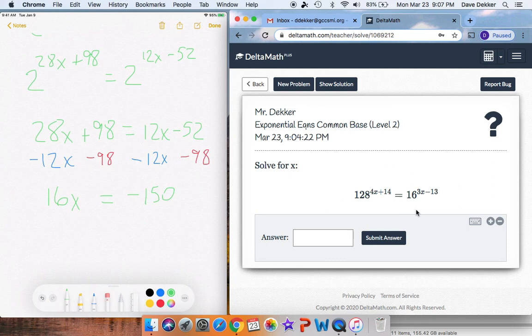Okay, so to get what x equals, I need to divide negative 150 by 16, to get negative 9.375. Okay, so hopefully that would be the right answer for this particular question. Just kind of quickly looking at it, I don't see any issues that come up there. So hopefully that makes sense to you guys too.